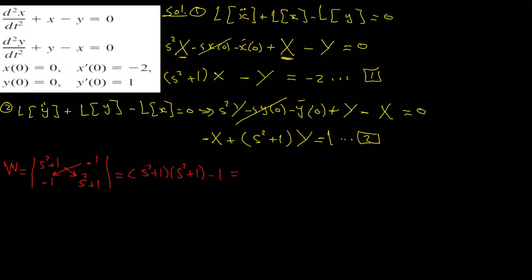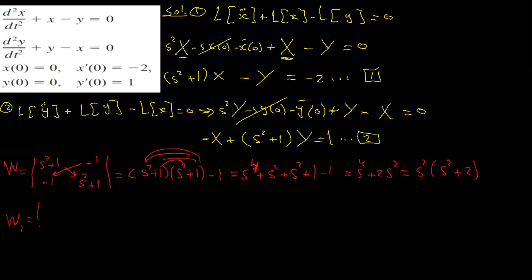So equal, multiply please. s squared times s squared is given to be s to the power 4. I'm going to multiply this by both of them and the 1 by both of them. So you have 4 terms. So it is s to the power 4 plus s squared plus s squared plus 1 minus 1. So equal s to the power 4 plus 2 s squared. I can take s squared common factor, so I have s squared times s squared plus 2. This is my W.